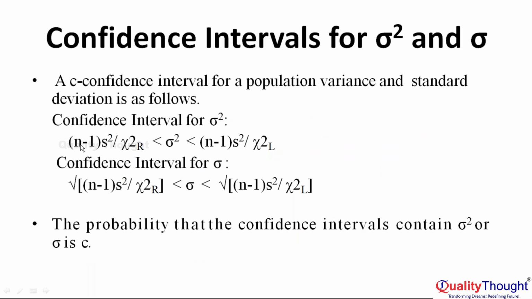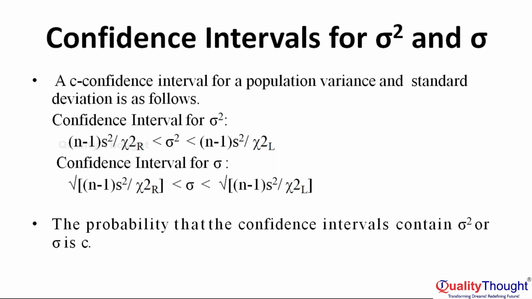So here, the confidence interval always has a range between chi-square R and chi-square L. That is none other than n minus 1 times s square divided by chi-square right, and n minus 1 times s square divided by chi-square L. The probability that the confidence interval contains sigma square or sigma, whether it is the standard deviation or the variance, is c.